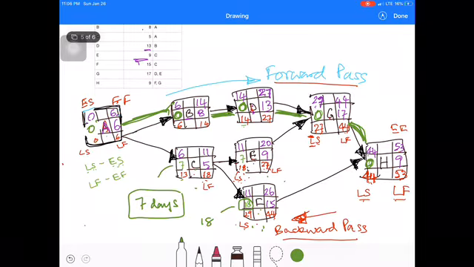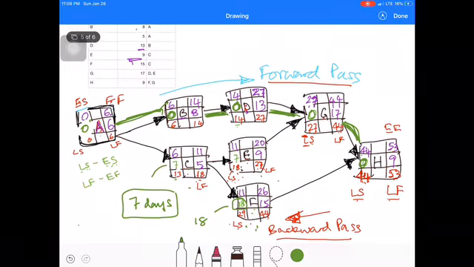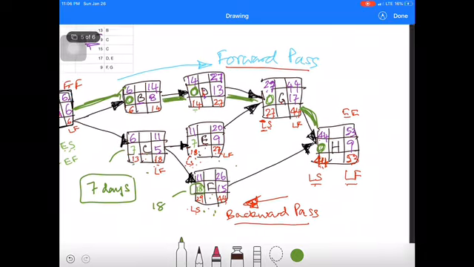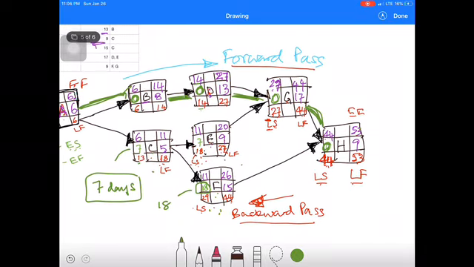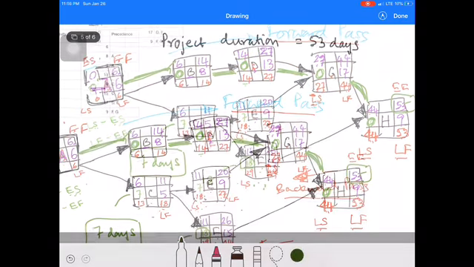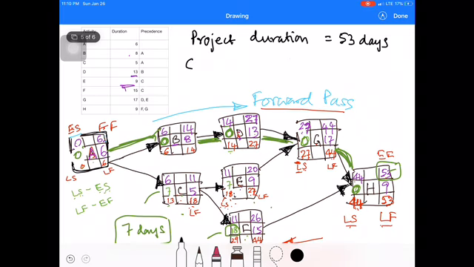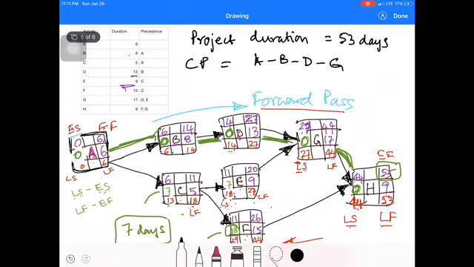Now, when you look at the path, you can see that the critical activities are connected and the project duration is 53. So the project duration is 53 days. The critical path is A, B, D, G and H. This is the critical path.